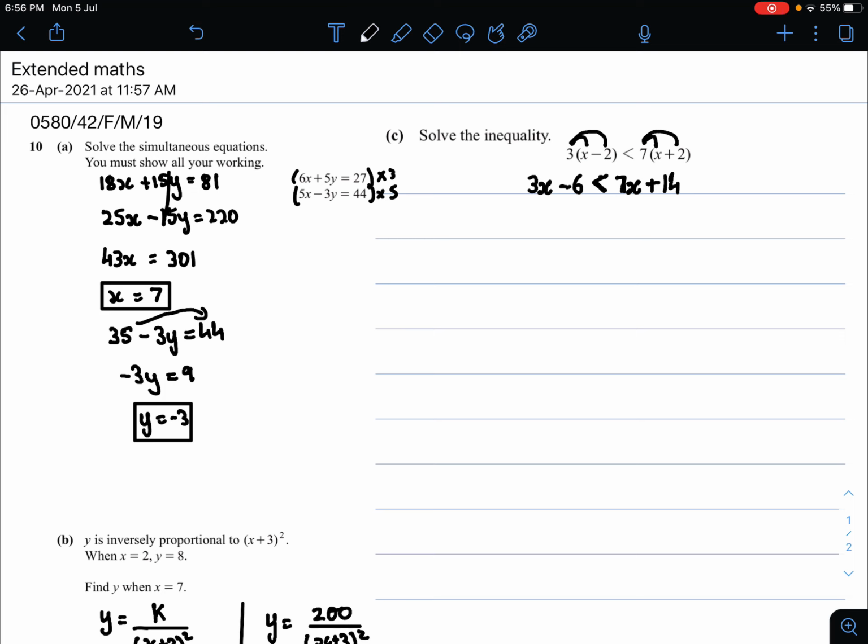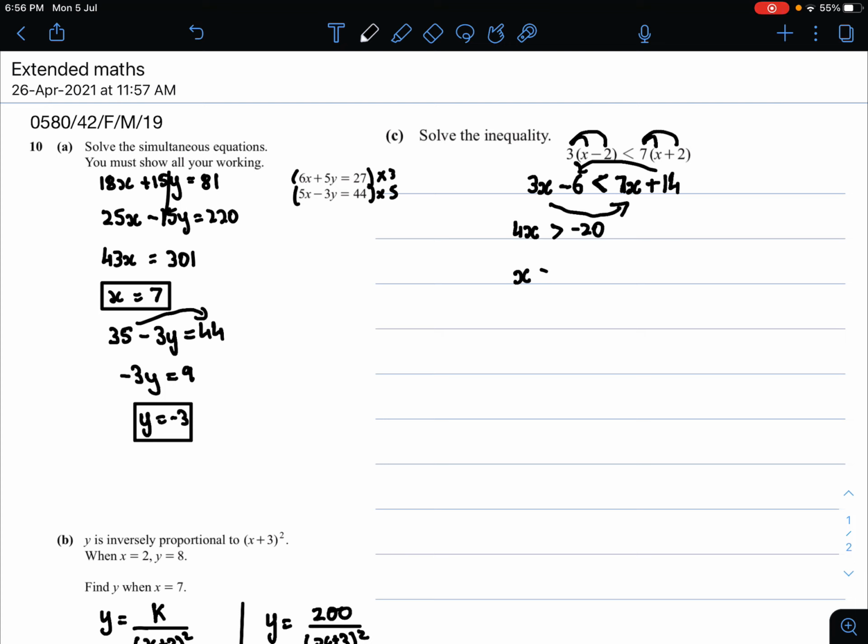Now we need to get all the x's to one side of the inequality, and the numbers to the other side. So if we take 14 to the other side, positive becomes negative, and the same logic with the 3x. So therefore you will get 4x, because 7 minus 3 would give you 4x, is greater than minus 6 minus 14, that will give you minus 20.